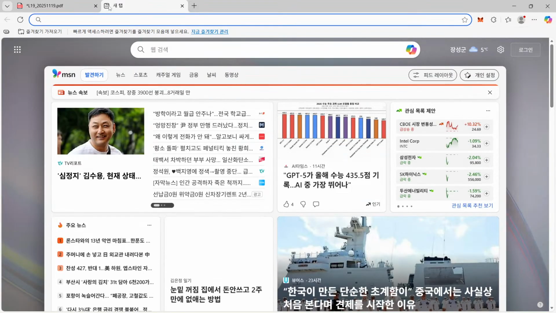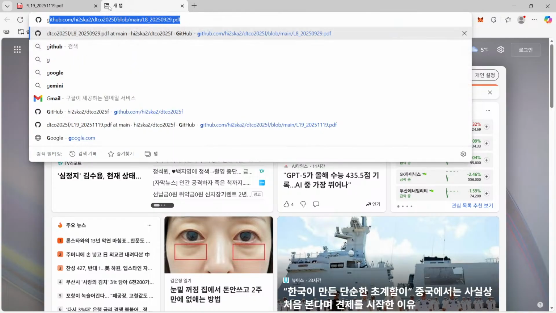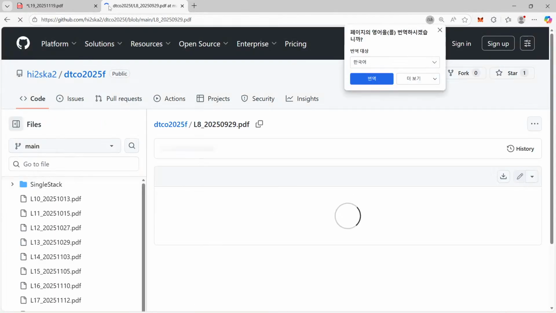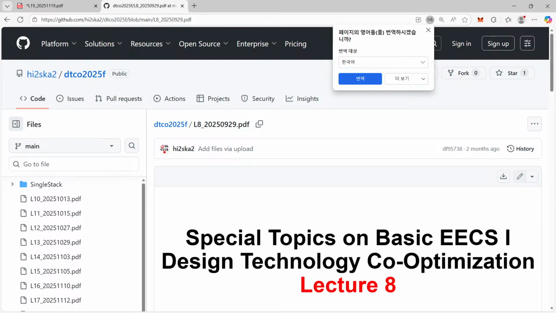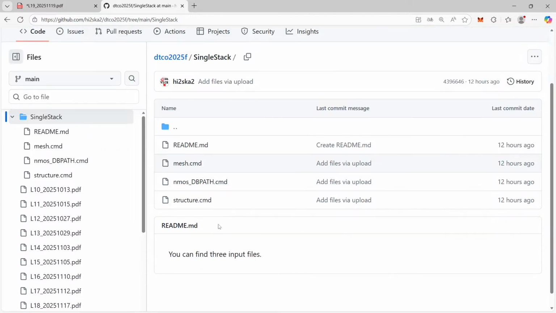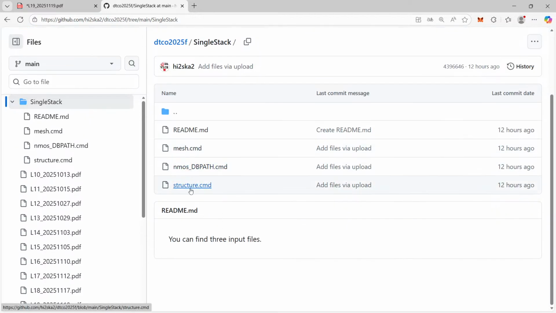So I will just introduce it and wrap up today's lecture. Now you have a subdirectory named single step, and now you have 3 different files. This is structure.cmd. That is just containing the procedure we have seen up to now.